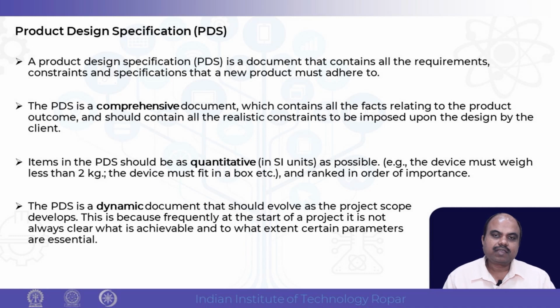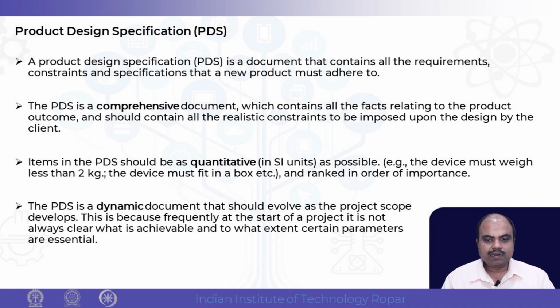That is a measurable specification. Ultimately, after designing, we can measure it and find out whether it satisfies the product design specification, or one particular criterion of it. If not, we have to modify the product.